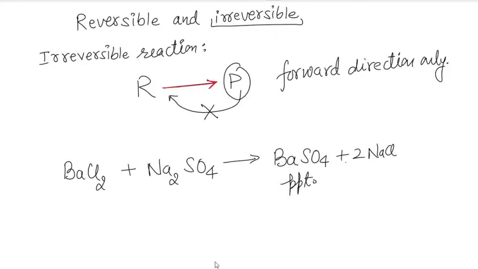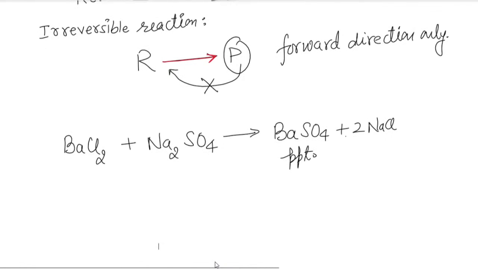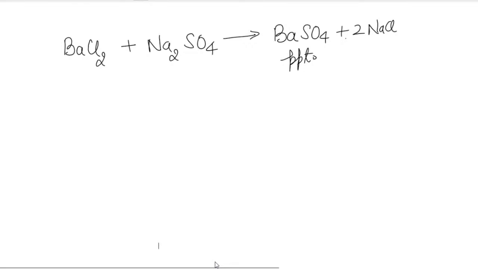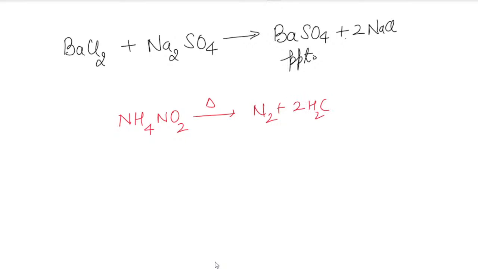Okay, got it? There are so many other reactions of irreversible nature. In such reactions, there is no equilibrium state, like say ammonium nitrite. If we decompose it on heating, it gives N2 along with 2H2O.